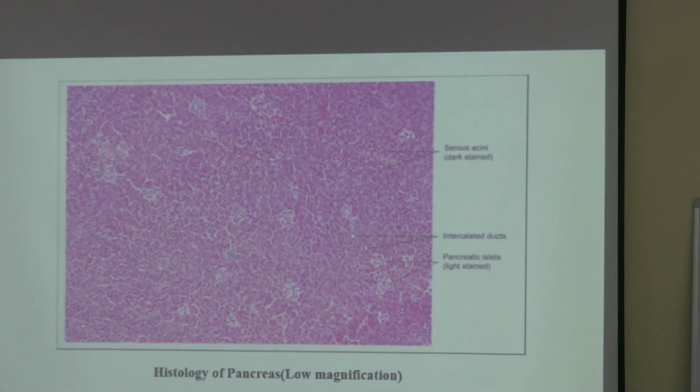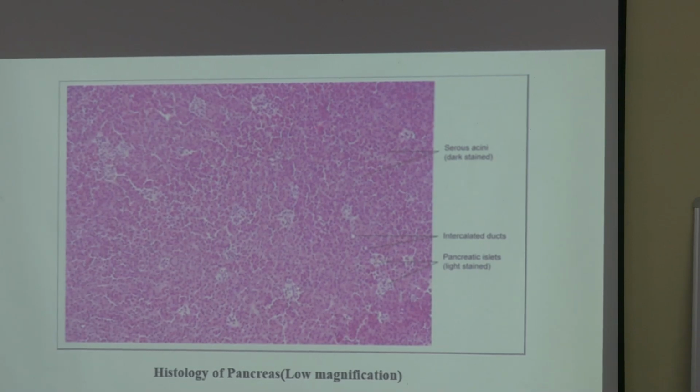Next, this is the histology of pancreas under low magnification. Once you put the slide under the microscope under low magnification, this will be the appearance. So what exactly can you see? Can you see the pancreatic acini?